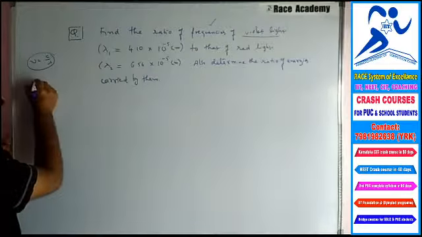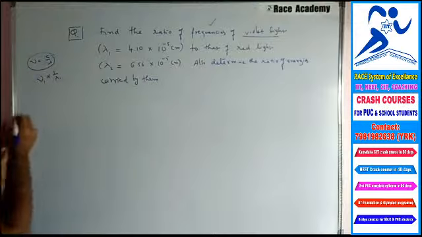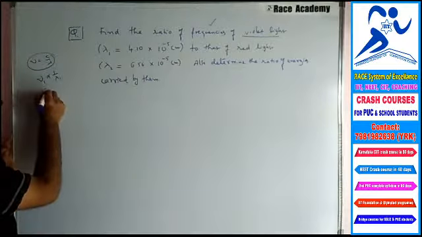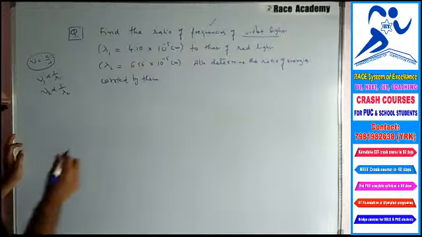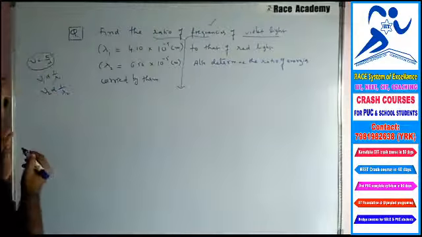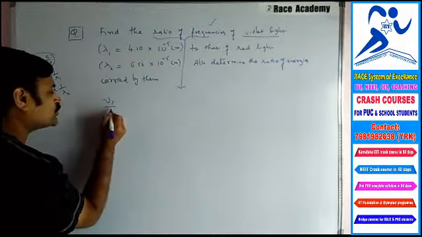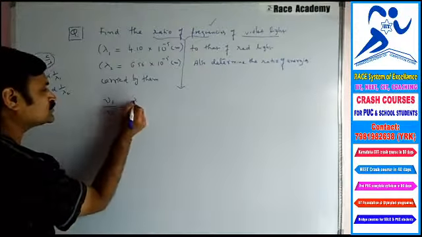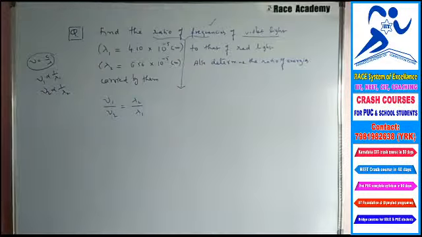So nu1 is proportional to 1 by lambda 1 and nu2 is proportional to 1 by lambda 2. Since they are asking the ratio of frequencies, nu1 by nu2 is equal to lambda 2 by lambda 1, right?